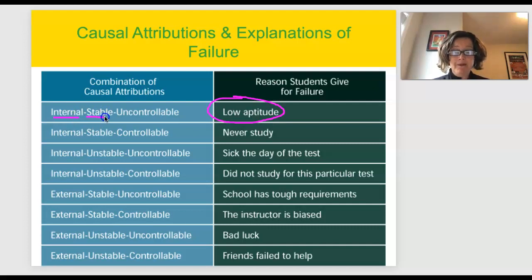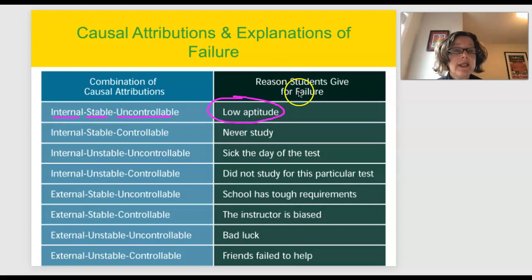It's stable because generally your aptitude doesn't change from week to week. Your cognitive ability to understand things basically stays the same. And it's uncontrollable. If you say that you can't do anything about your low aptitude, you would feel that it's out of your realm.